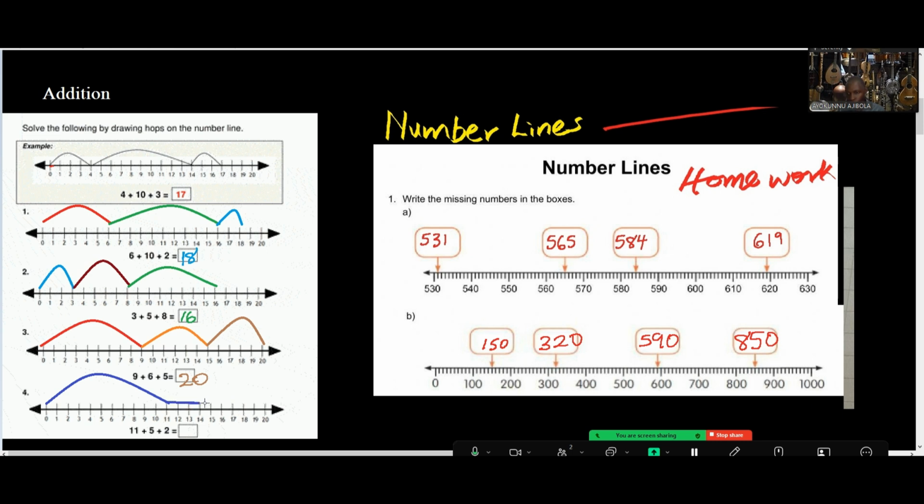So 1, 2, 3, 4, 5. Then the last one is 2. So we go 2 steps. That's 18. Good. So this is 18.